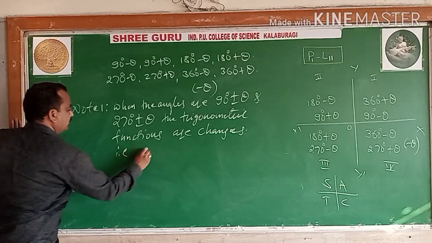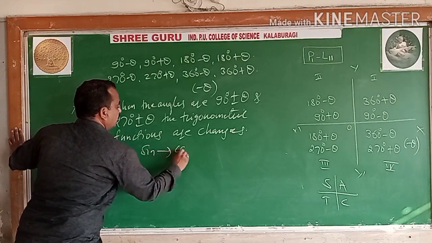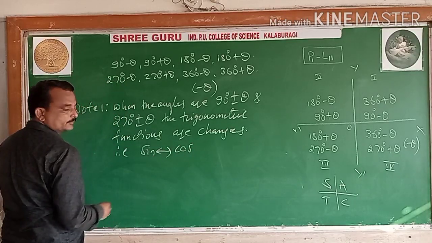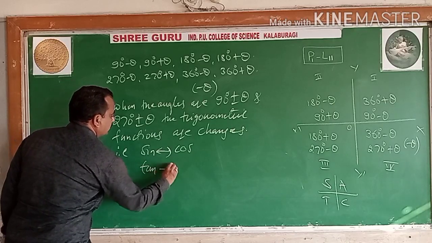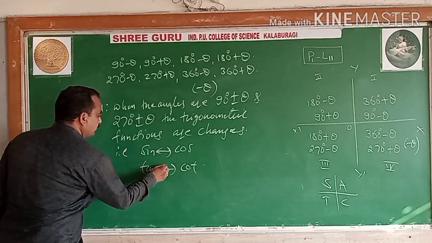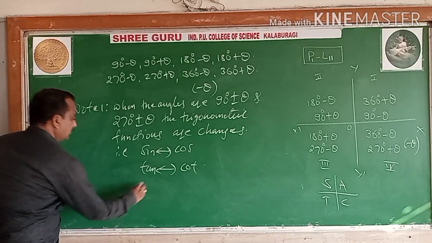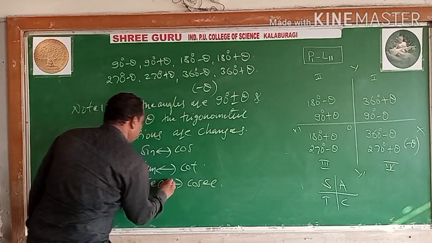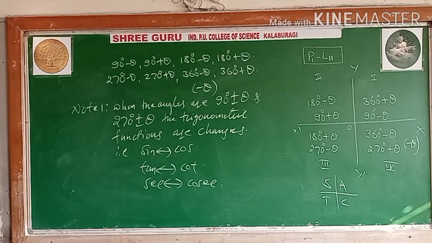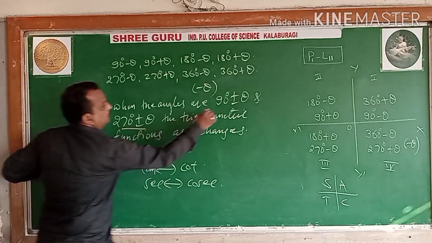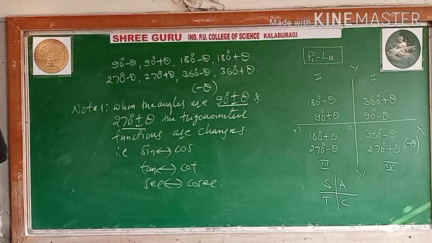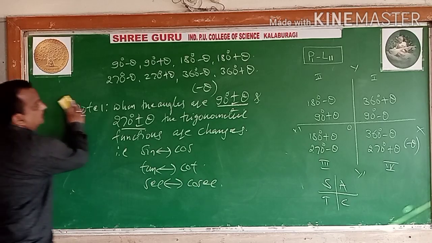What type of change? Sine changes to cos, cos changes to sine, tan changes to cot, cot changes to tan, sec changes to cosec, cosec changes to sec. Remember, for 90 degree plus or minus theta and 270 degree plus or minus theta, the trigonometric functions change.